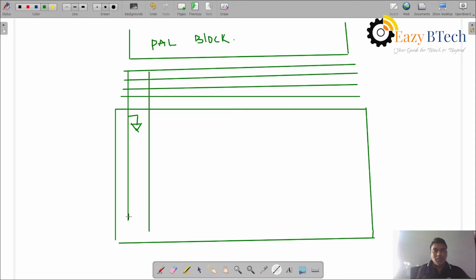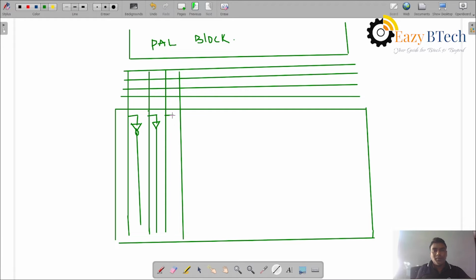Let us take these inputs A, A complement, B, B complement, C, C complement. This is a NOT gate, a complemented path, and this is also a complemented path.